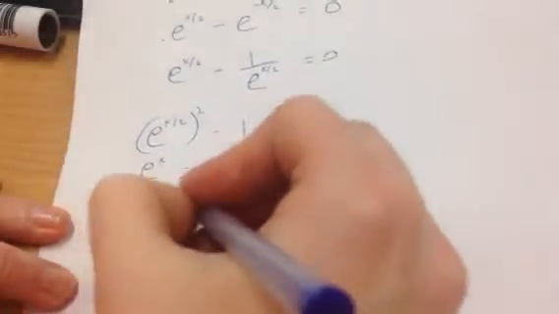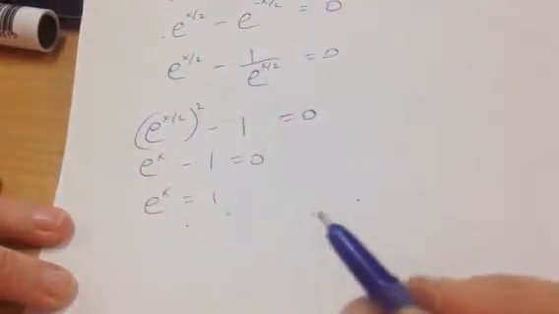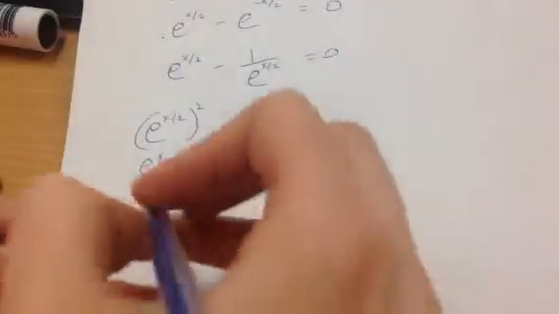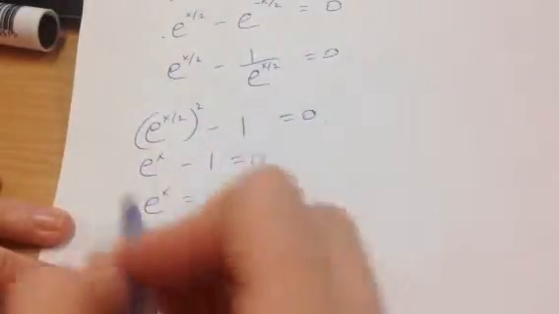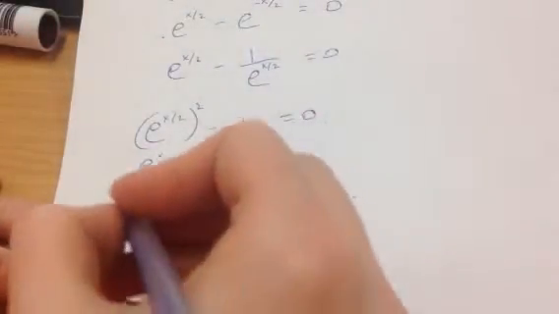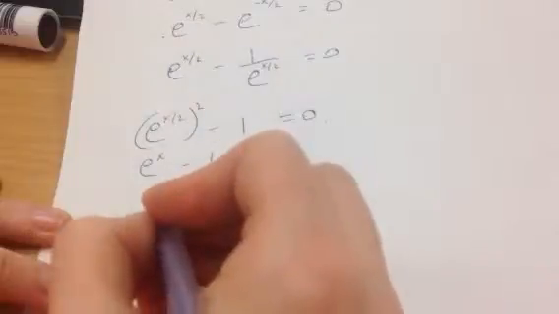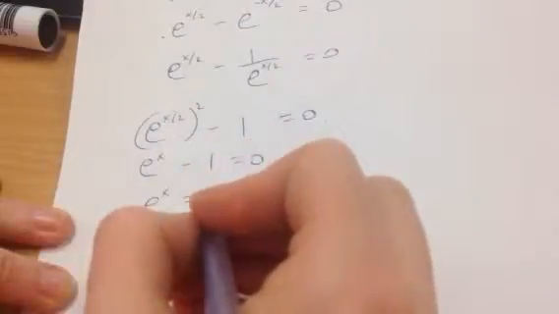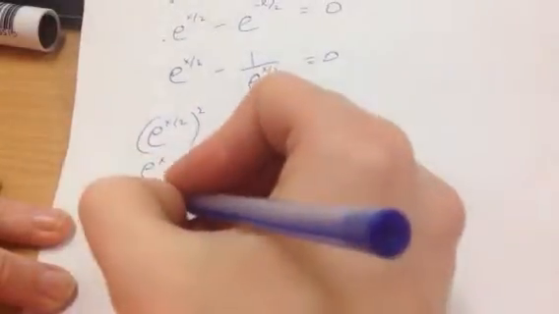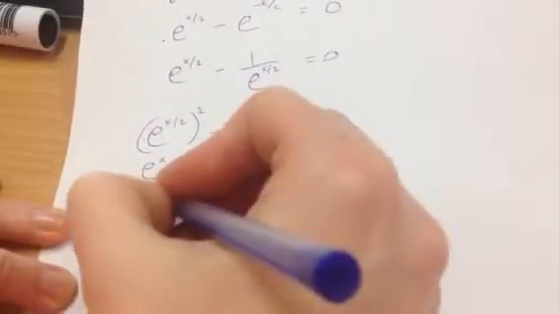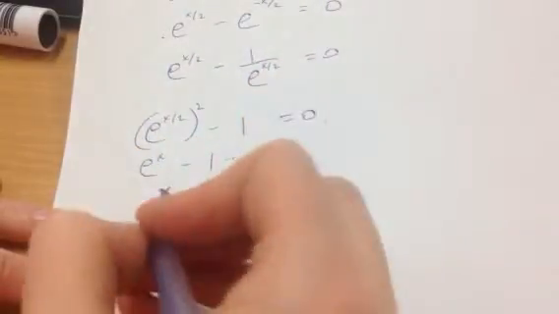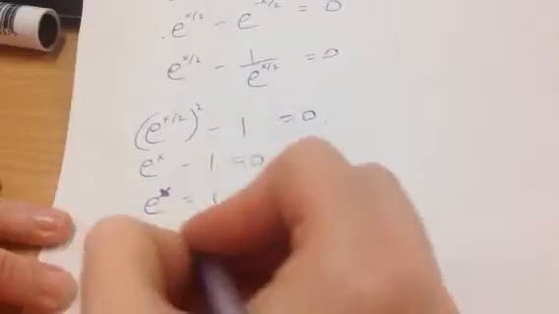So I end up at e to the x is equal to 1. You could use logs, or you could just ask: e to the power of what gives me 1? That's 0.